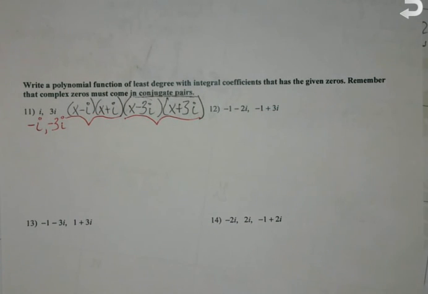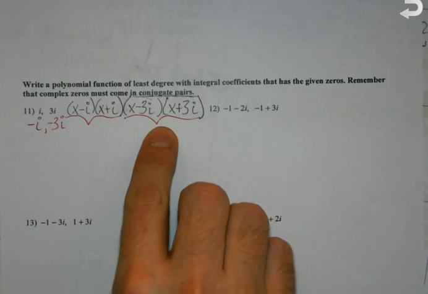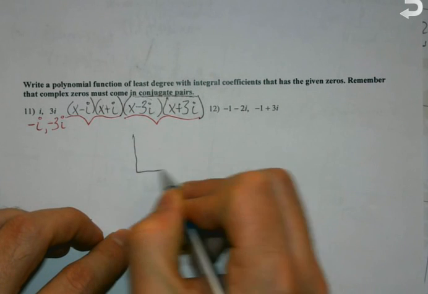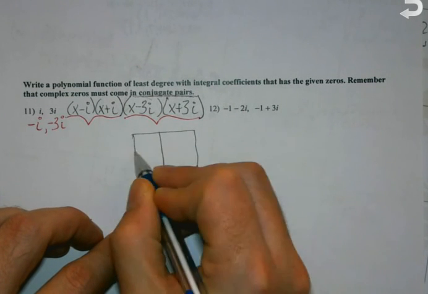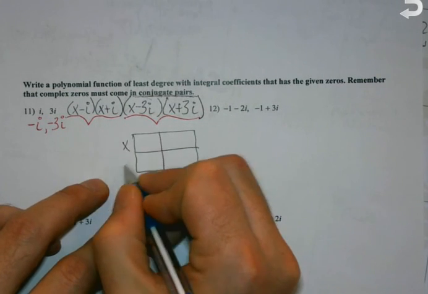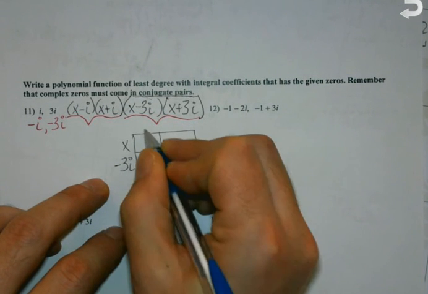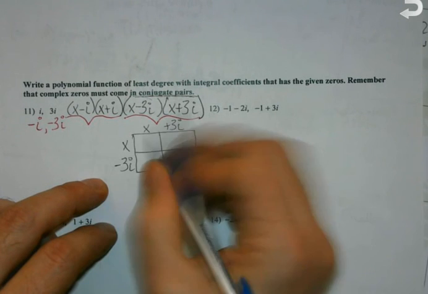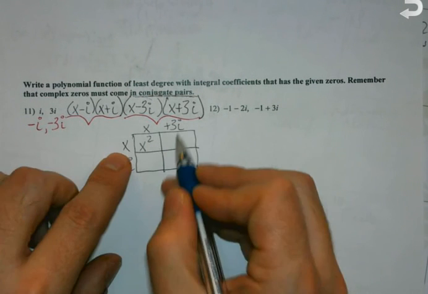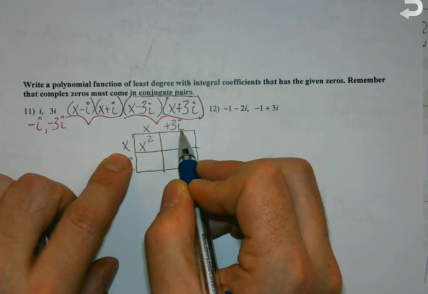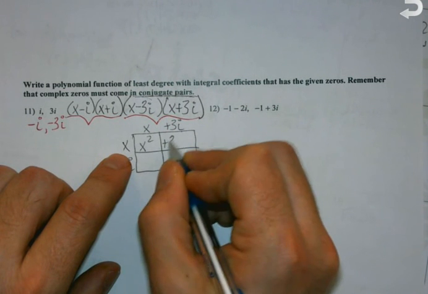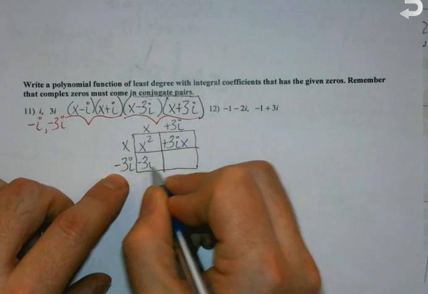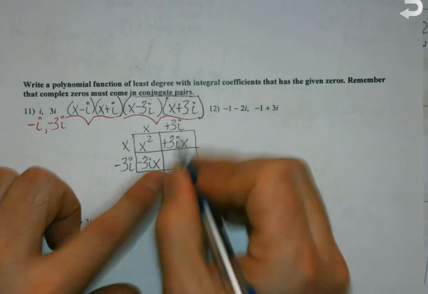So for example here, if I'm looking at my 3i's, again, if you want to FOIL, you can. I like the box because it's organized. So x minus 3i, x plus 3i. When you multiply this out, don't let the fact you're seeing two things that look like variables scare you. So I've got 3ix, negative 3ix. Then we'll get to the review part.